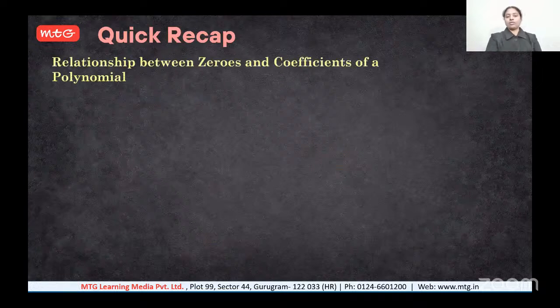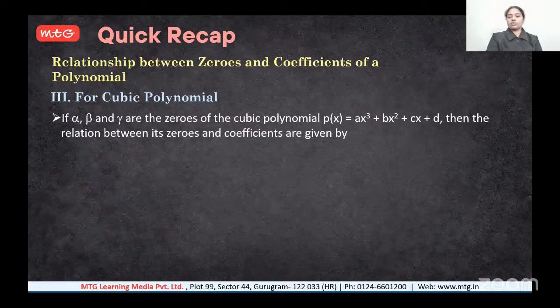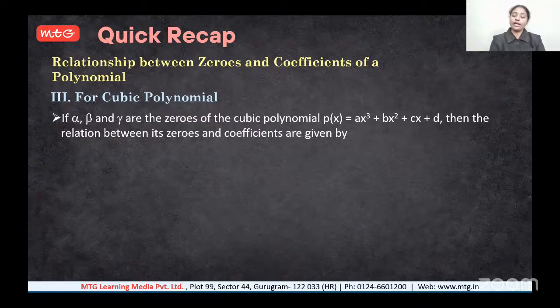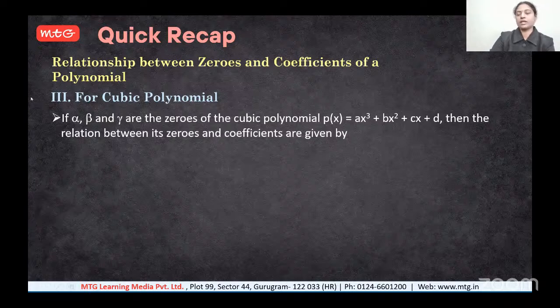Now, the last but not the least, if a polynomial is a cubic polynomial. This is the last category where you get relation between zeros and coefficients. First we studied linear, then quadratic, now we go for cubic. When it is a cubic polynomial, you have three zeros obviously because it has degree 3.